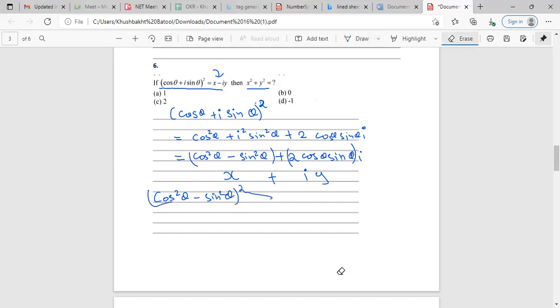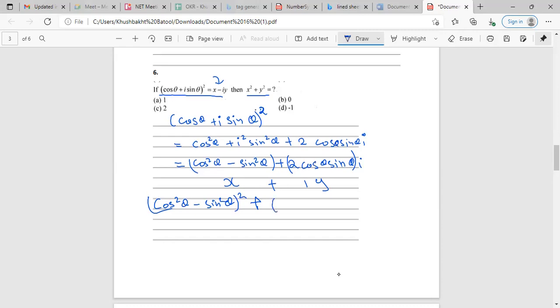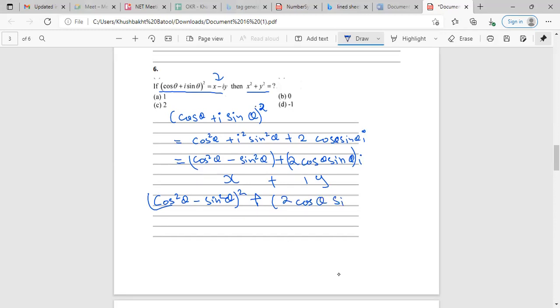And y square is going to be 2 cos theta sine theta whole square.